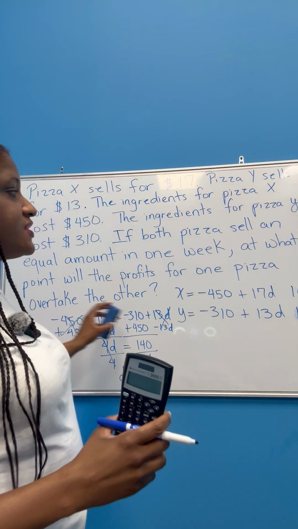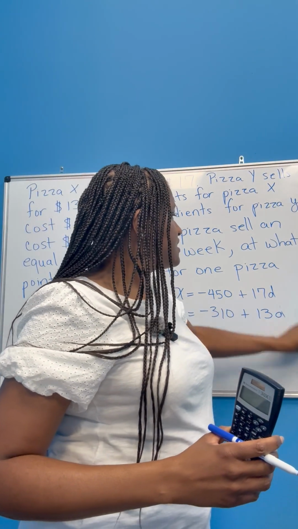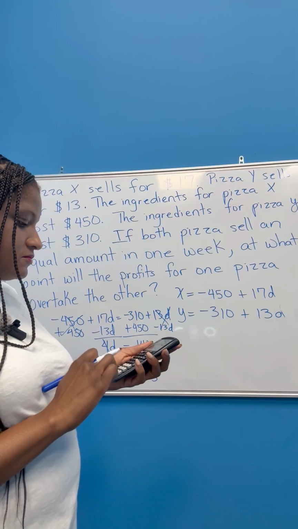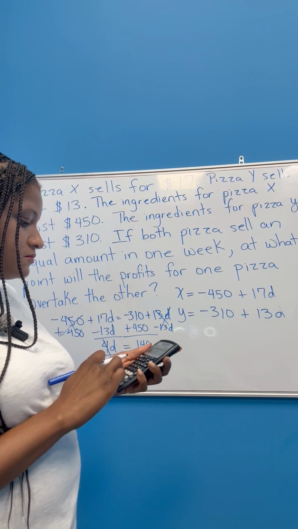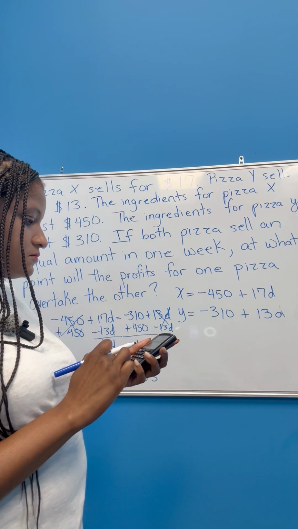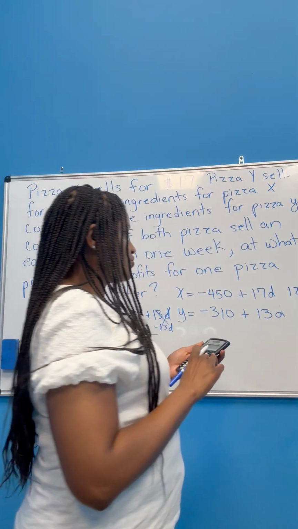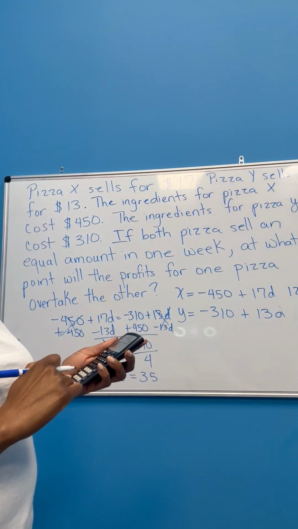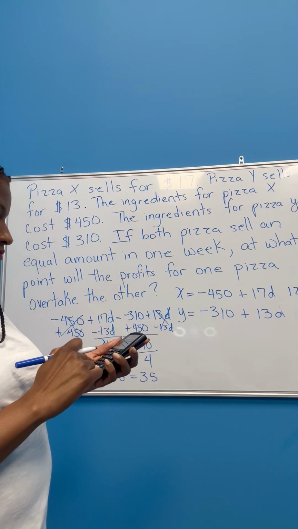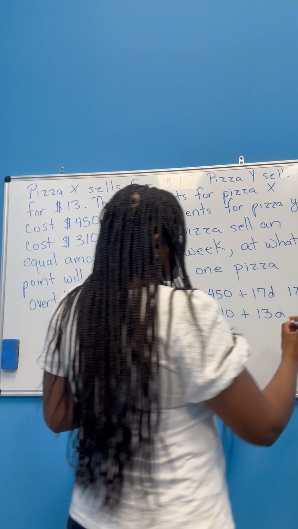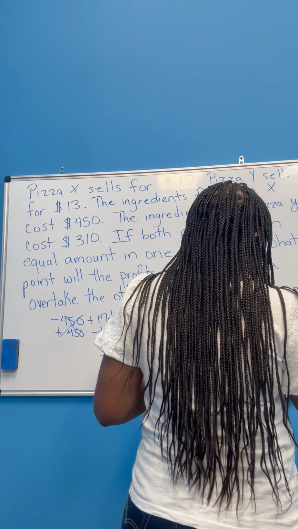So we see that pizza X is greater here. How about if we sell 34 pizzas? Here we make a profit of 128. And here we make a profit of 132.